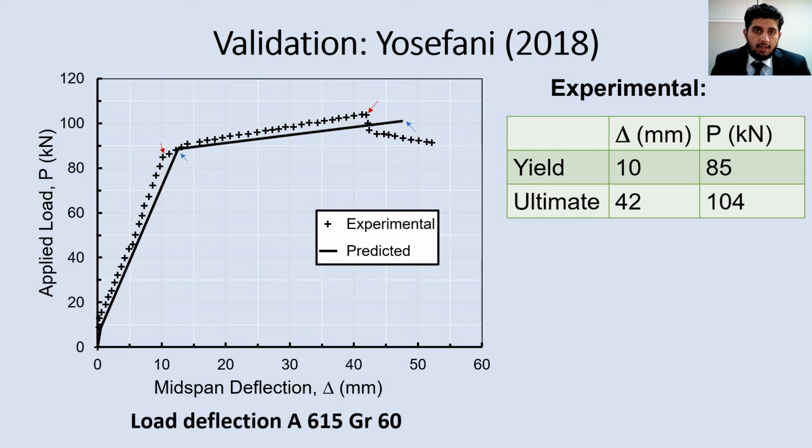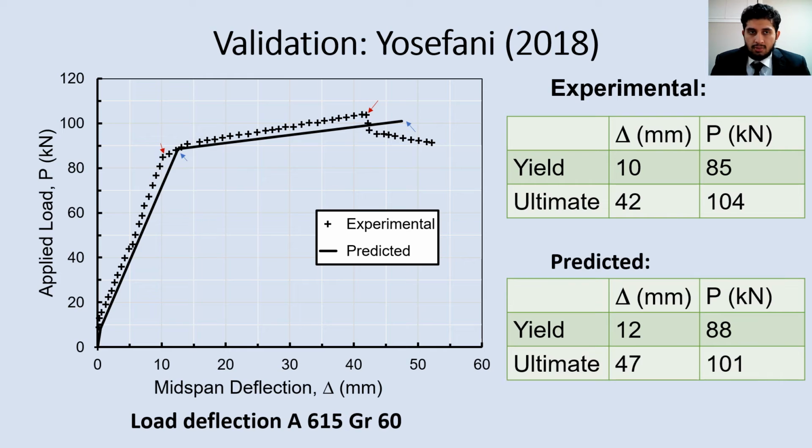Looking at our data, we get an ultimate load of 101 kilonewtons and a corresponding deflection of 47 millimeters. So these two curves are fairly close to one another, and ours is a bit more conservative because we get higher deflections, and that's always good for design.